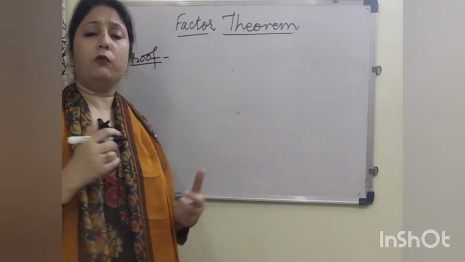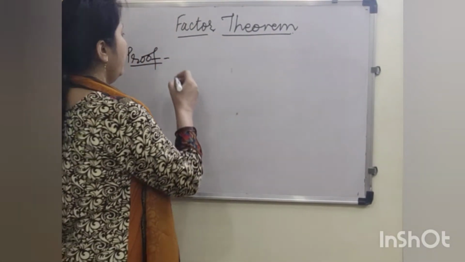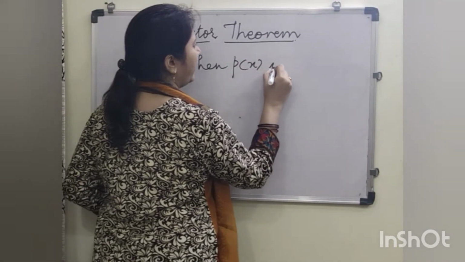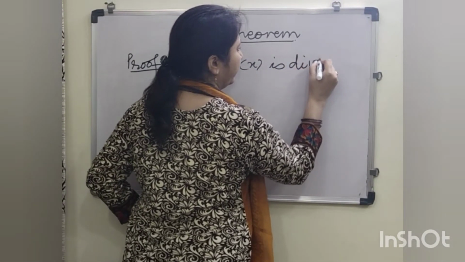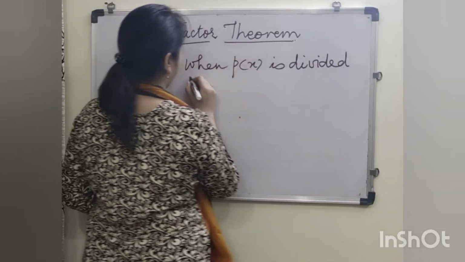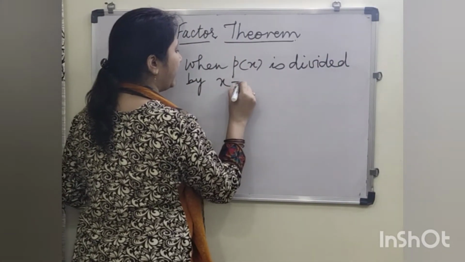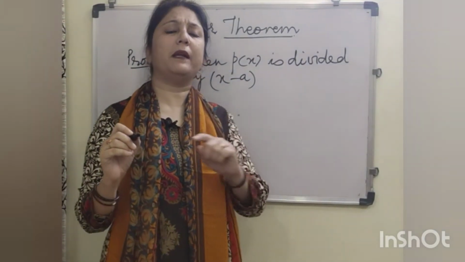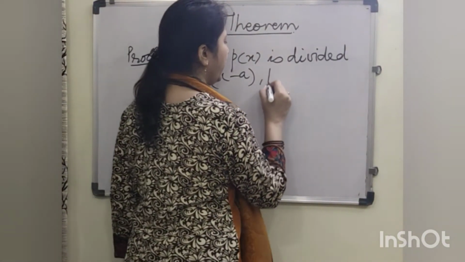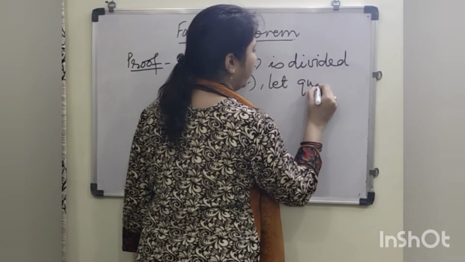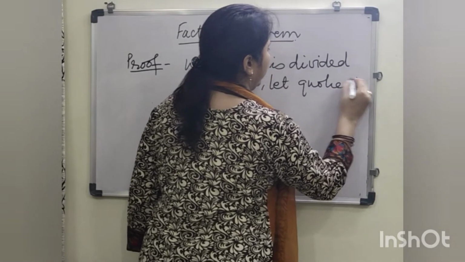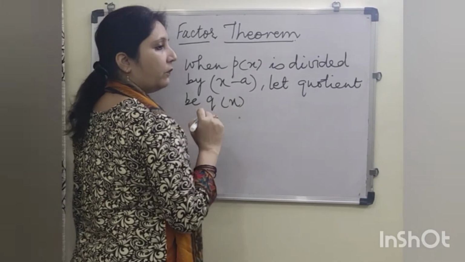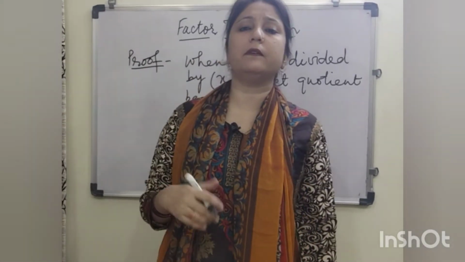Let's begin with the proof of the same. When P(x) is divided by x minus a, let the quotient be q(x). Definitely when we divide we will get some quotient.